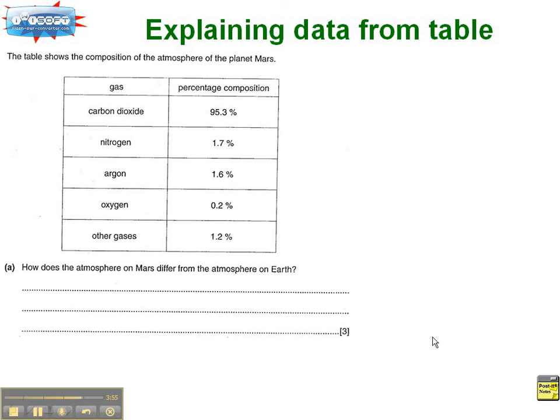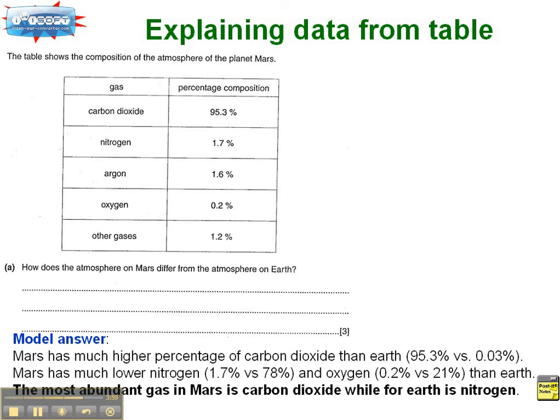No, you don't compare like that. So you have to say Mars has a much higher percentage of carbon dioxide than Earth. Mars has much lower nitrogen and oxygen than Earth. The most abundant gas on Mars is carbon dioxide, while on Earth it is nitrogen. You have to process the data, don't just mention the numbers.